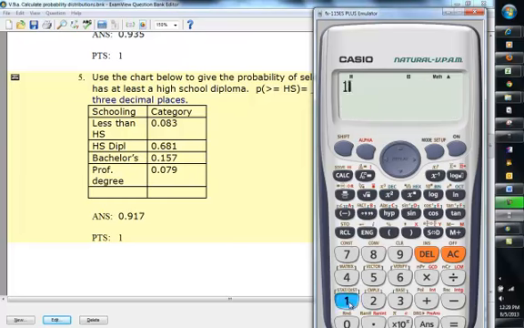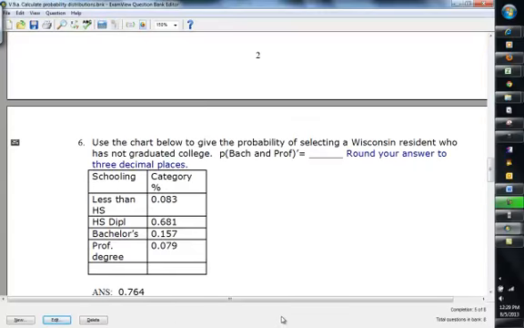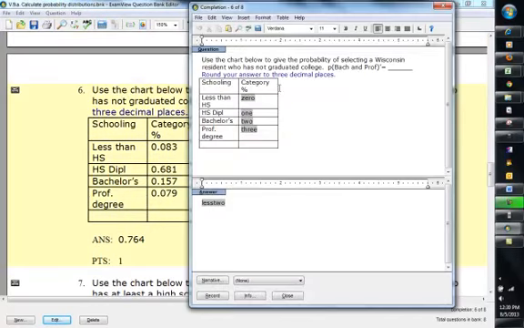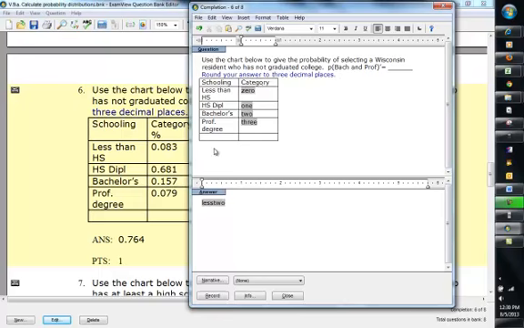So we'll do 1 subtract the decimal of those that are less than a high school diploma, which would be 0.917. This one here, it should be a decimal. It's not a percent, is it?